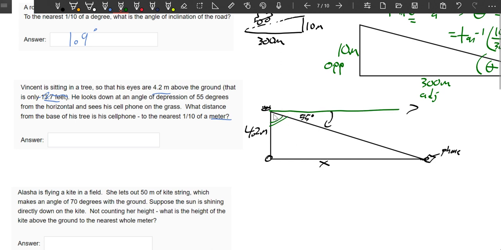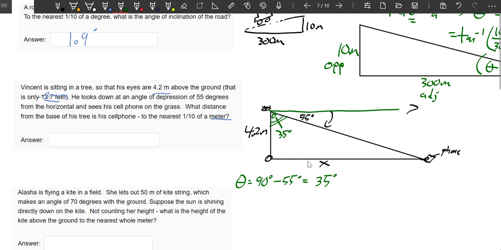So for this angle, our missing angle, I'm going to take 90, subtract the 55, and 90 minus 55 had better be 45. No, it's 35. Don't worry. I can know some numbers sometimes. 35 degrees. So 35 degrees inside here. This angle here is 35 degrees.